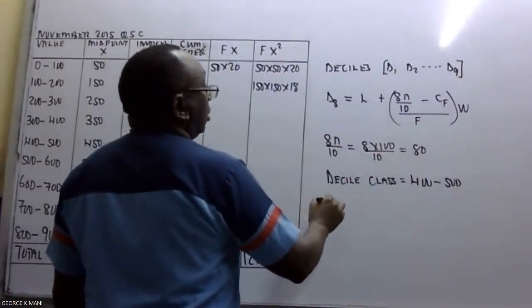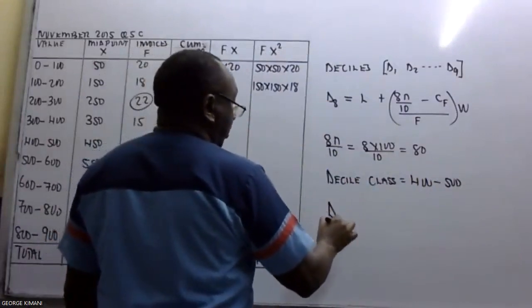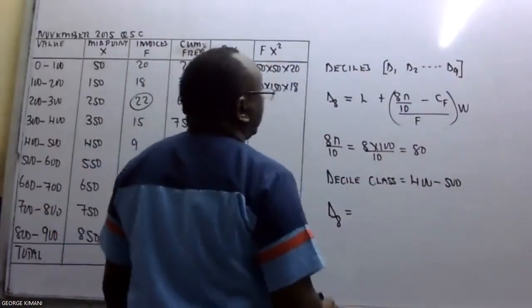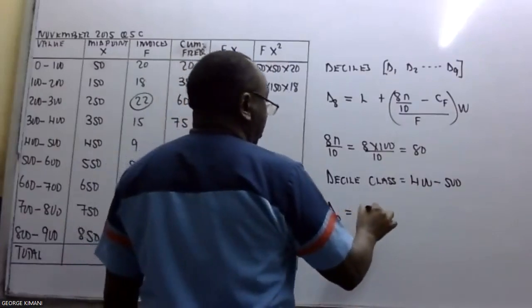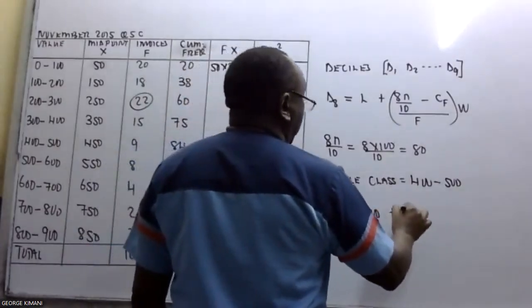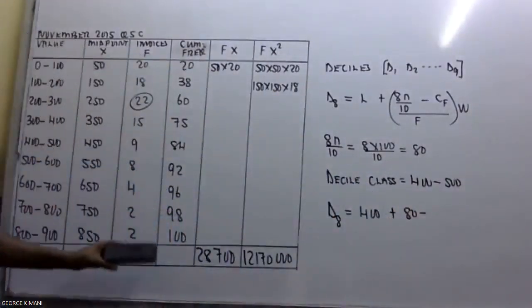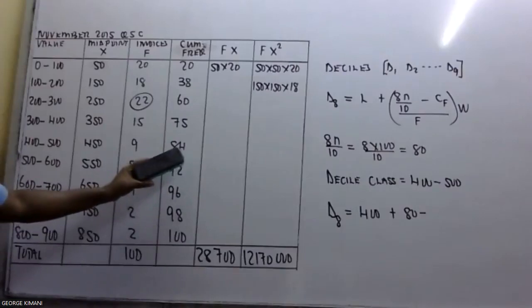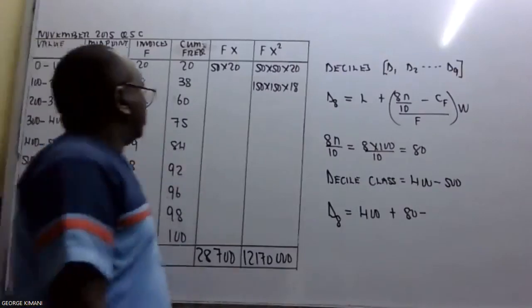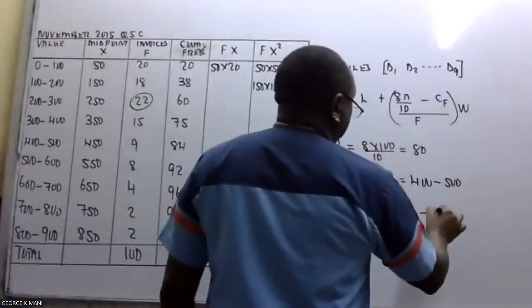So our D8 is 400 plus 80 minus the frequency above. The frequency above that one is 75.